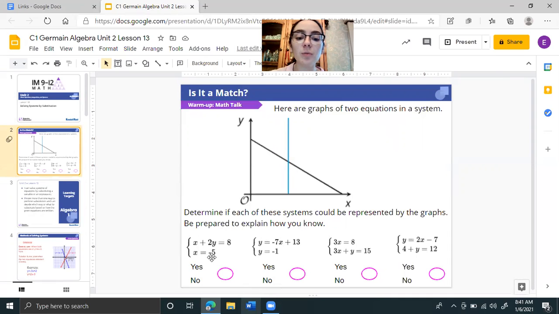You need to remember what these single variable equation lines would look like. Think about how we've learned about X's and Y's. And then for these two, you're going to have to do a little bit of movement to think about these different equations here. You're taking 2 minutes right now to work on and decide if each one of these could be, in theory, represented by this graph here.